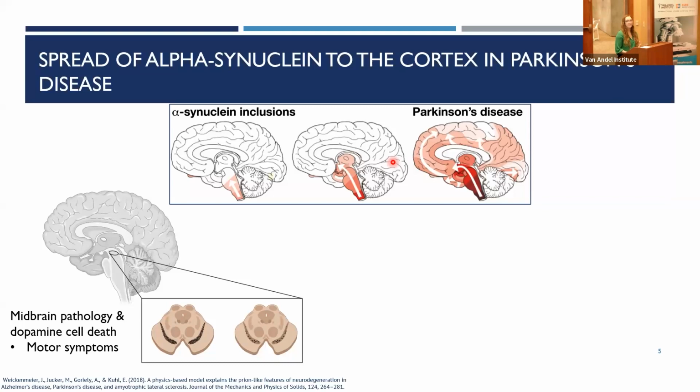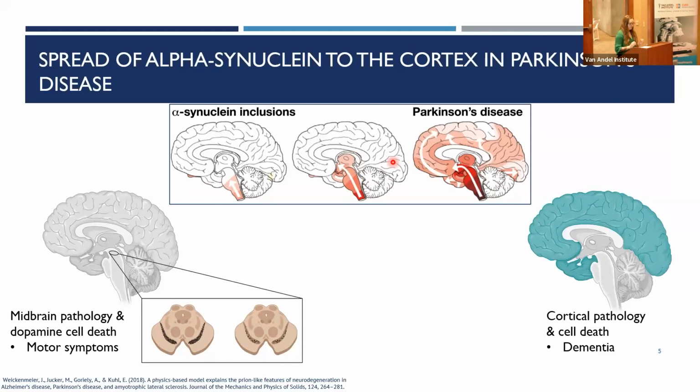And what's been found recently is that the presence of those alpha-synuclein aggregates in the cortex and cell death there is actually correlated to onset of dementia-like symptoms or cognitive decline in disease.